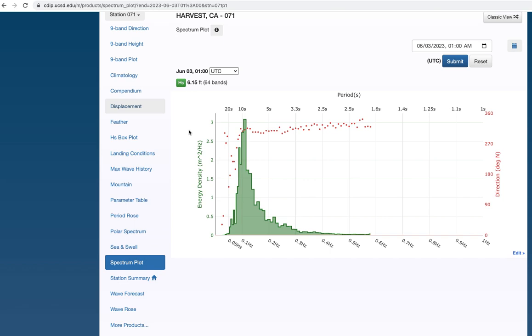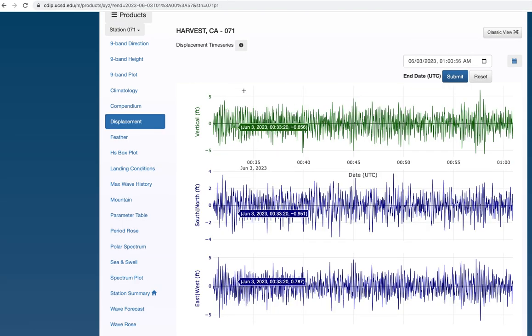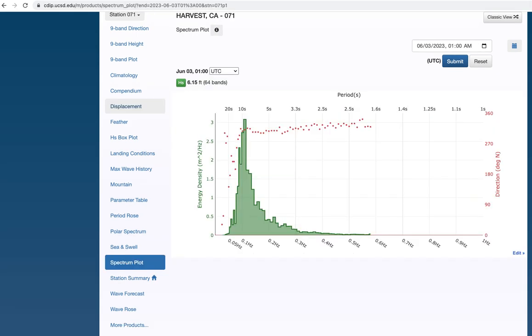That's definitely another talk. That's like many talks probably, but that's where this is coming from. Again, these units are really funny. But now that we have this spectrum, this would-be function, if it were continuous, we can get a lot more statistics than if we were just using this displacement time series.